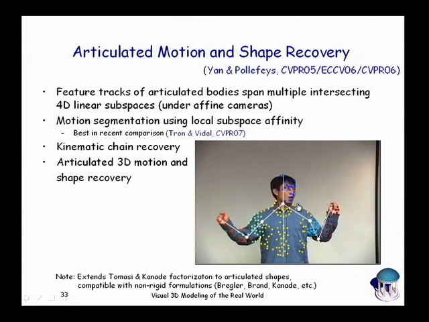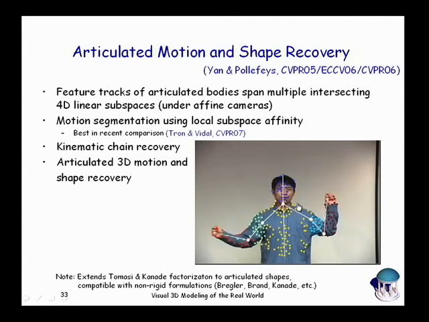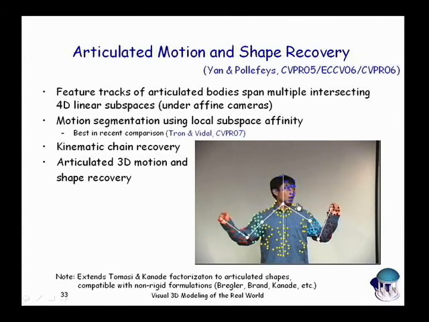And so the way it's modeled is actually you would get intersecting linear subspaces. And because of the intersection, the segmentation gets a lot harder. And then in the end, once we are able to segment, then we can build a kinematic chain up. And so that's what you see. And then you see the computed articulations. And actually, we also have the 3D shape of GNU here. And all of that can be recovered.